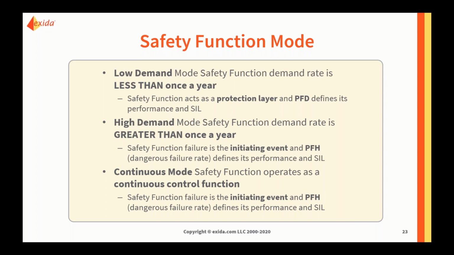However, in some process applications, and actually quite a large number of machine applications, the safety function is much closer to the equipment itself and may indeed be an active control function of the equipment. If that's the case, then the safety function is in a much higher level of use, and with either a demand rate of greater than once a year or a nominally continuous control function or safety control function being required.